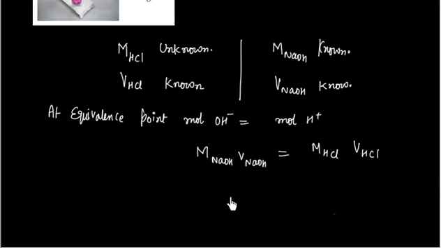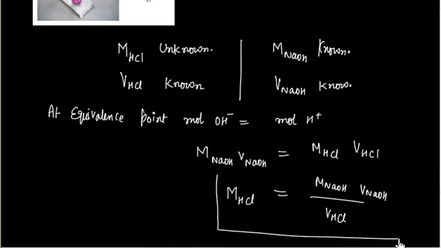So from here we can calculate M_HCl, which is unknown, and this equals M_NaOH multiplied by V_NaOH divided by V_HCl. So the molarity of an unknown solution can be calculated using acid-base titration.